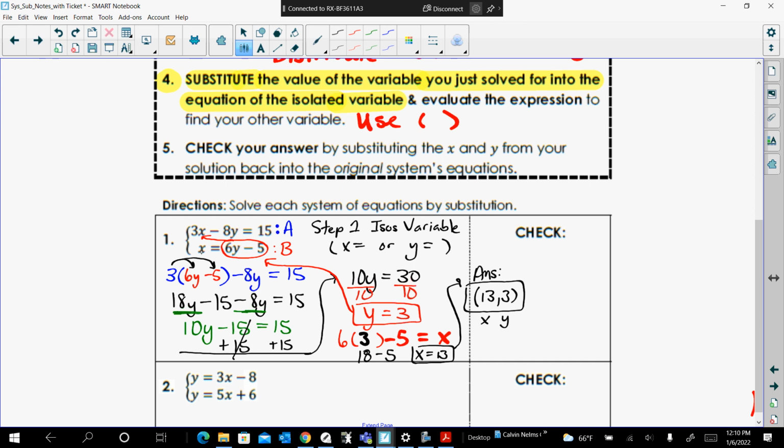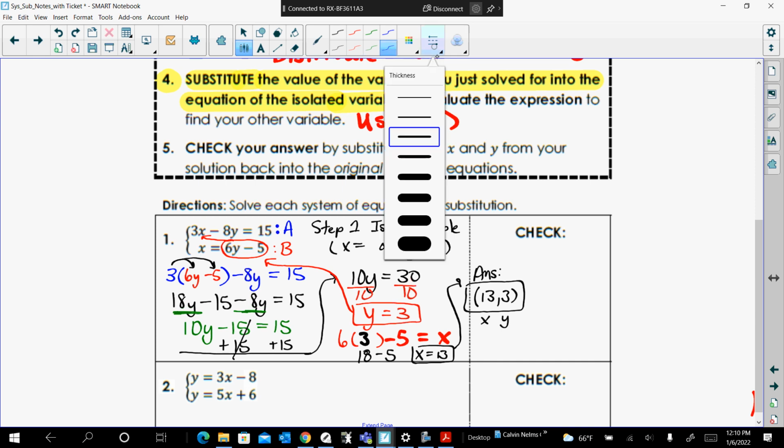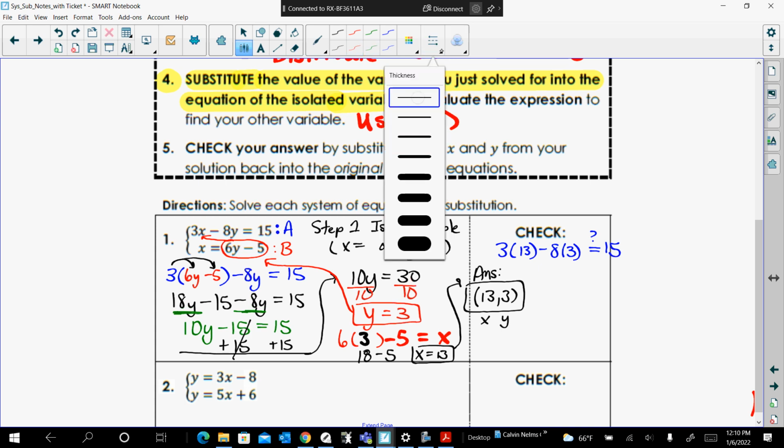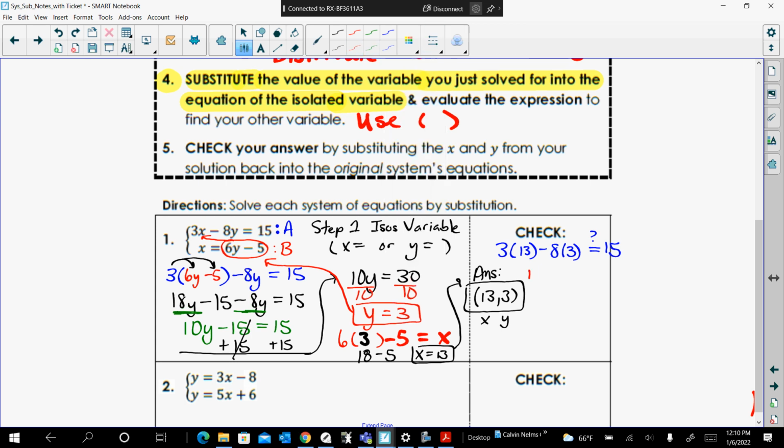So, I'm going to plug it into the first one. That means I'm doing 3 times 13 minus 8 times 3 and checking, does it equal 15? Then I also do it for the second one, which will mean 6 times 3, minus 5.